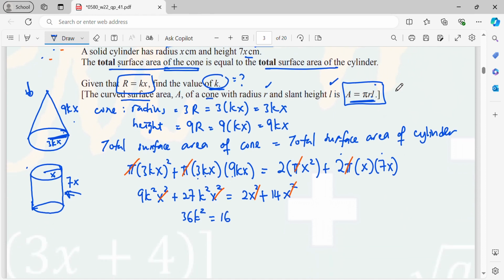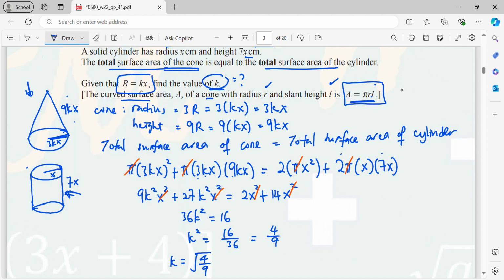Therefore, now to get the k, k squared is 16 over 36. That is going to be 4 over 9. And then now our k is going to be the square root of 4 over 9. There's no plus minus because we know that 3kx is the radius, right? Therefore, your k cannot be negative.